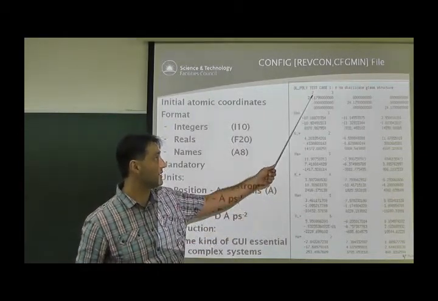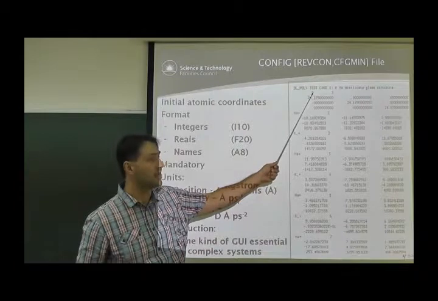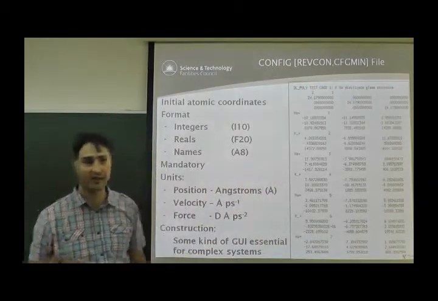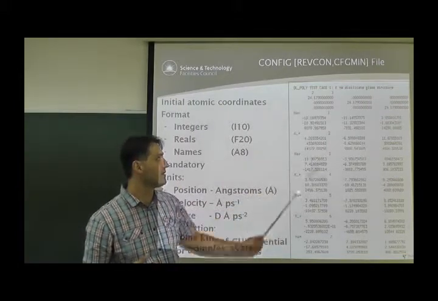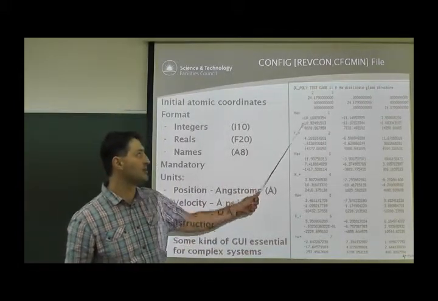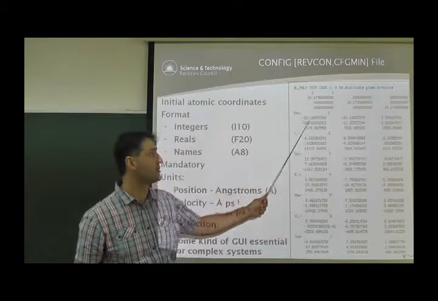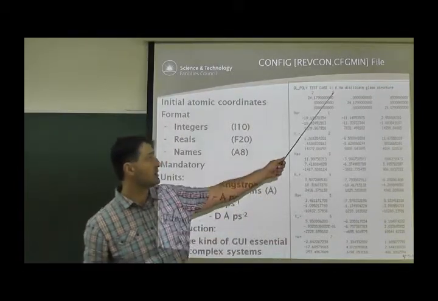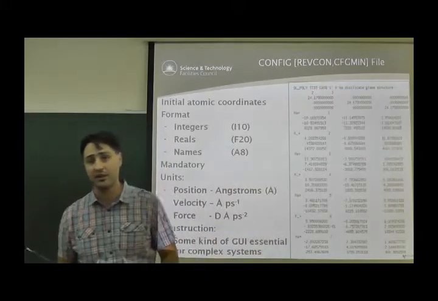This would be the first number, which is the data level. So we have data level 0 for positions, data level 1 for positions and forces, and data level 2 for position, velocities, and forces. The second number indicates the image condition.